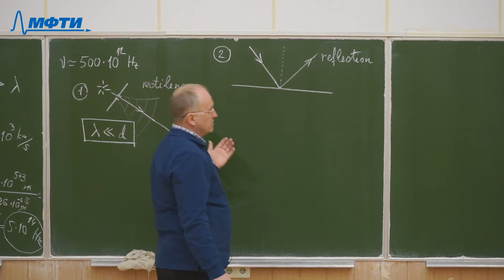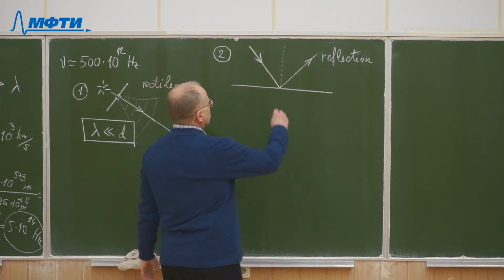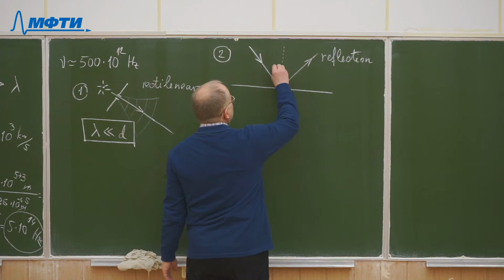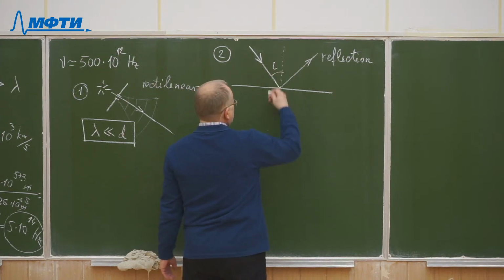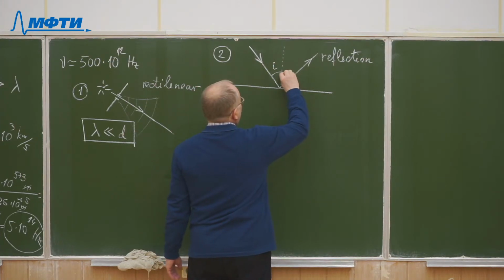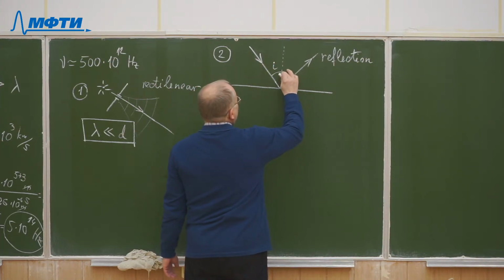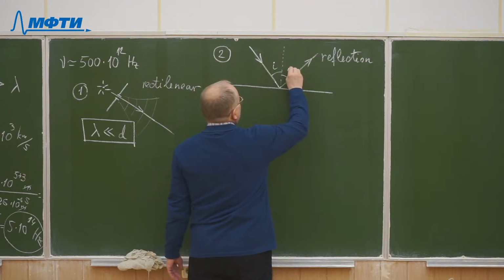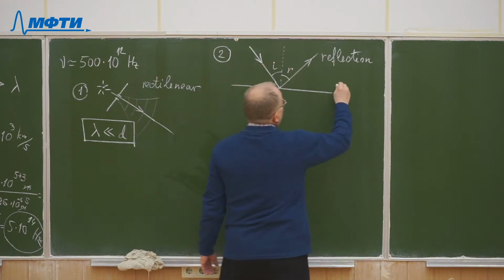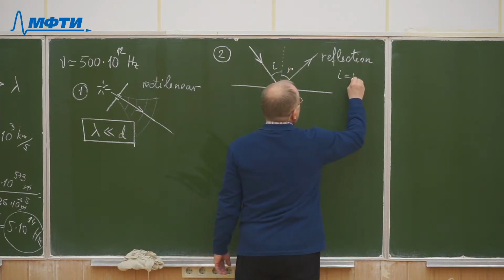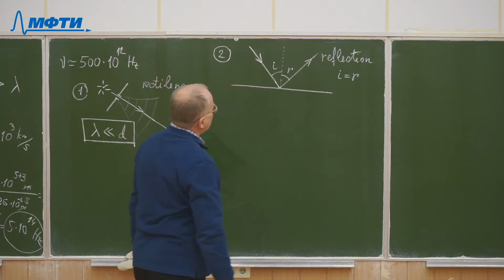That is the first important thing. And the second important thing here is that the angle of incidence is equal to the angle of reflection. So this is the angle of incidence and this is the angle of reflection. These two angles are equal.